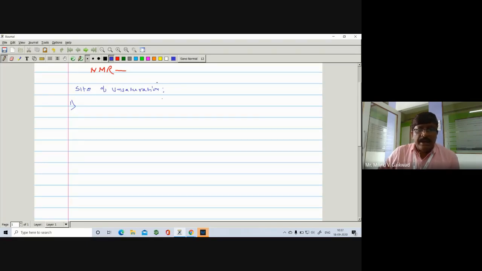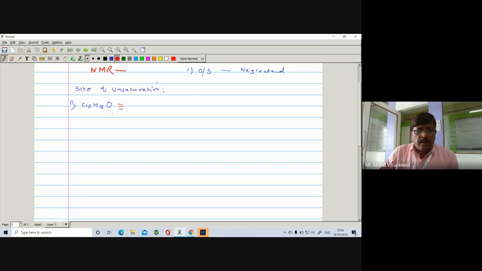Sometimes the formula contains oxygen and sulfur. You have to neglect this sulfur and oxygen and find out the site of unsaturation. For example, C10H16O.